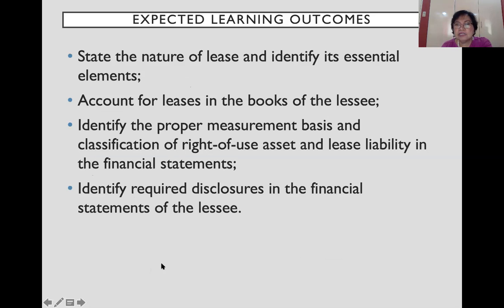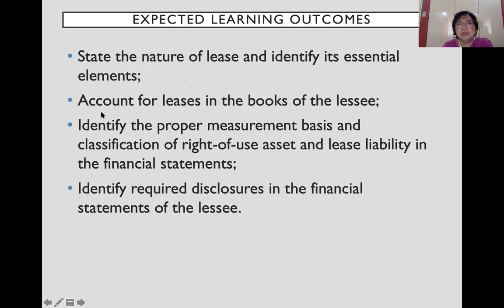Therefore, in this video, which is part 1 of leases, you should be able to state the nature of lease and identify its essential elements. By doing so, you can determine whether the contract is or contains a lease.